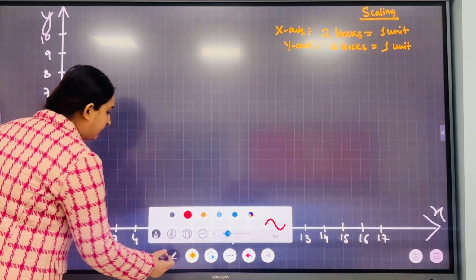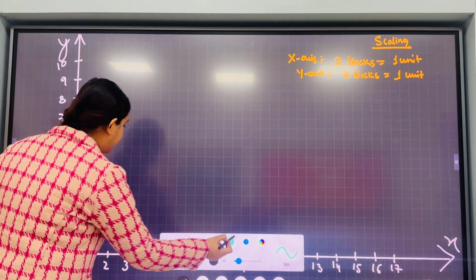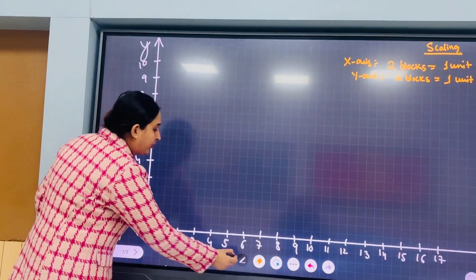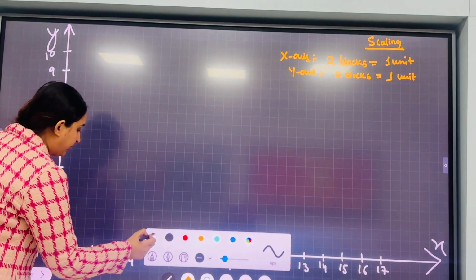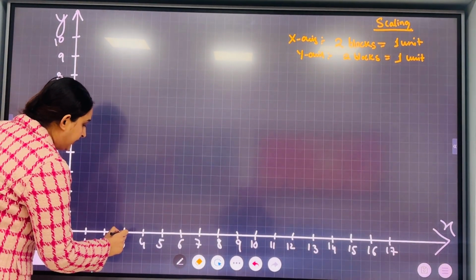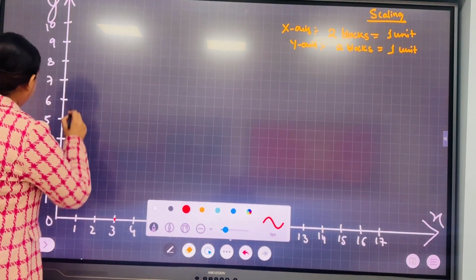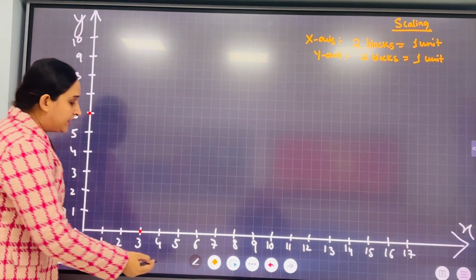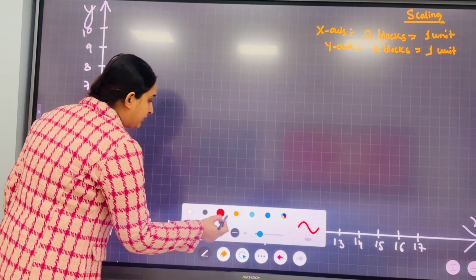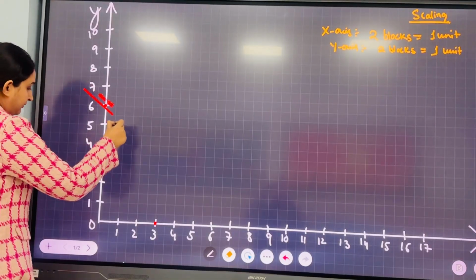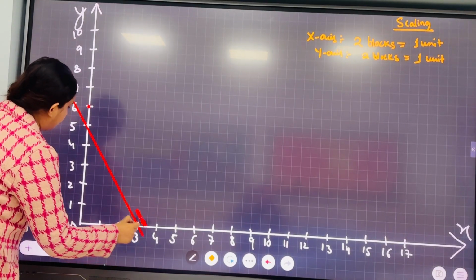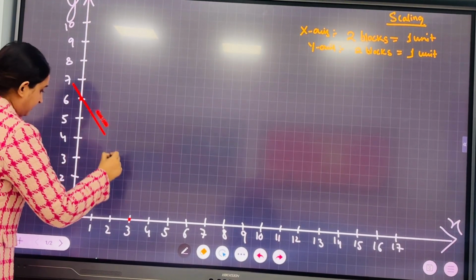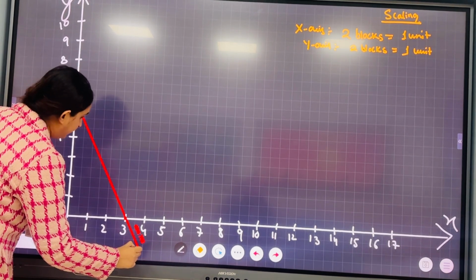If we look over here, we can simply plot the graph. From the previous equation we saw that the graph is intersecting at points 3 and 6. Let's represent those points first. So this is 3 and this is 6. I have represented these 2 points. Now let's draw the line. So here is my line.